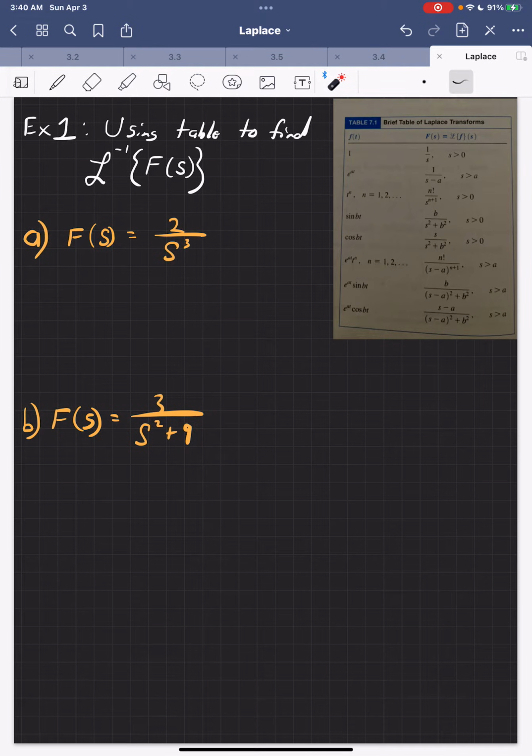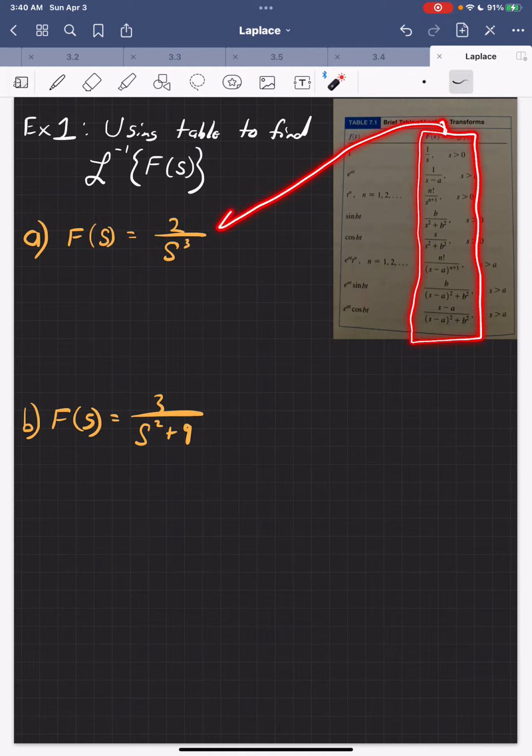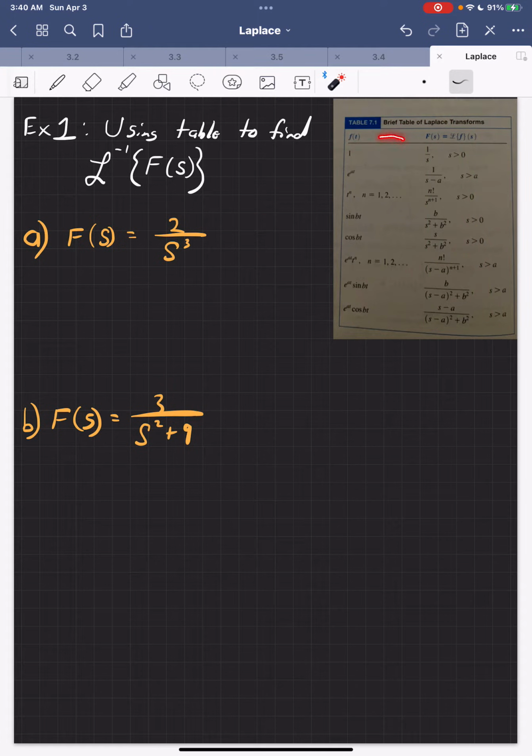I would very much encourage you to pause the video if you have the ability, but take a look at, now starting with the right side, and see which of these forms matches our 2 over s cubed or our 3 over s squared plus 9, and then see if you can grab the right information to reverse engineer to find f.